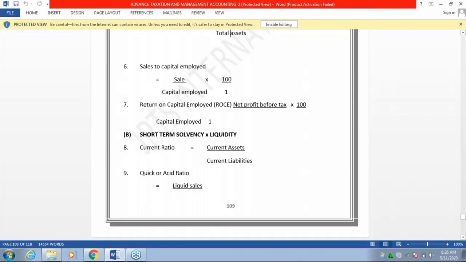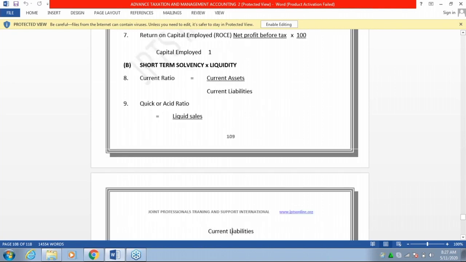Then return on capital employed, that is ROCE, that is the net profit before the tax all over capital employed multiplied by 100 all over 1. Now, under the category B, that is short-term solvency and liquidity, we have the current ratio.